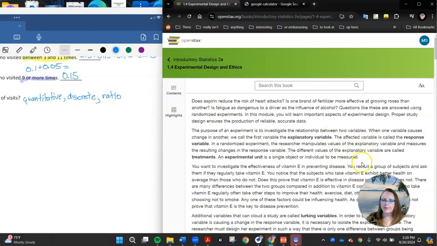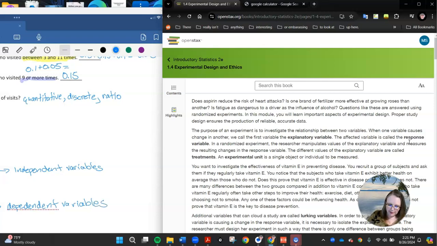So we have explanatory variables and response variables. Those are things that you might call independent variables in previous classes, and these you might have called dependent variables. And you can, again, look to the words for help in understanding what this means.